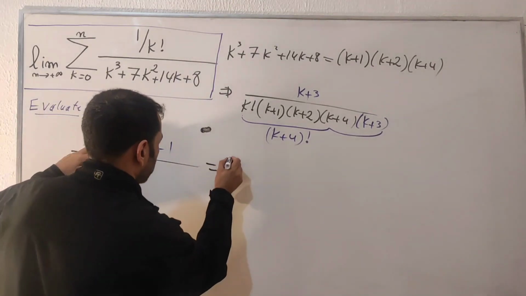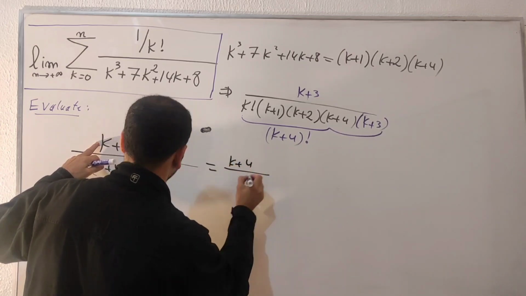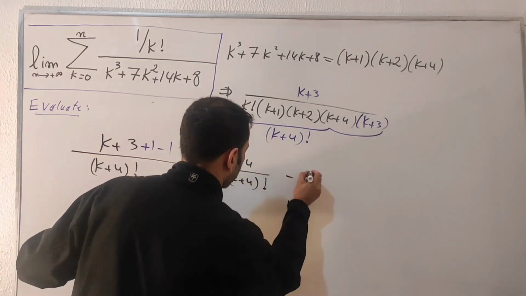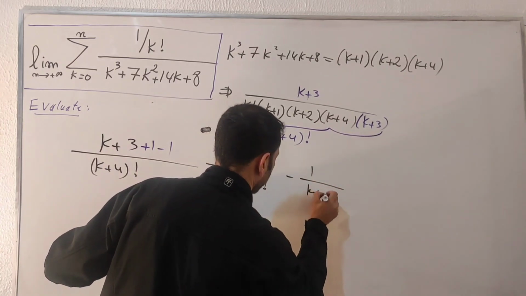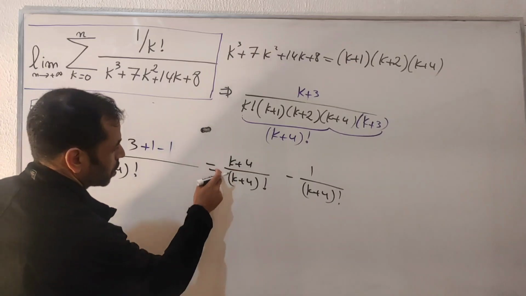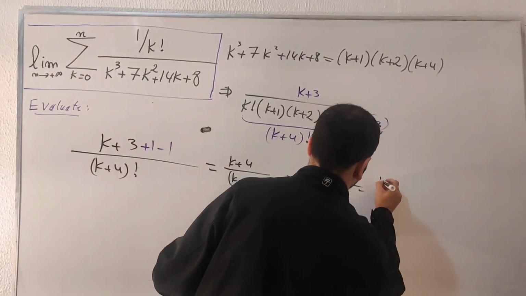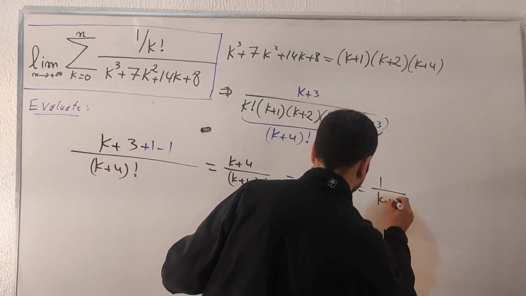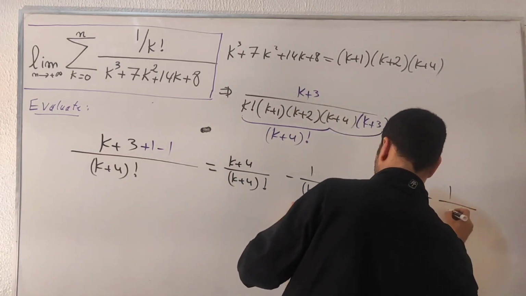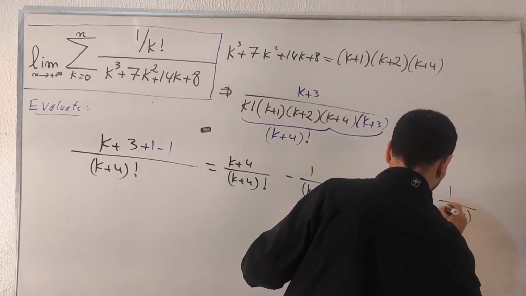I get k plus 4 over k plus 4 factorial minus 1 over k plus 4 factorial. The first one cancels, and I am left with 1 over k plus 3 factorial minus 1 over k plus 4 factorial.